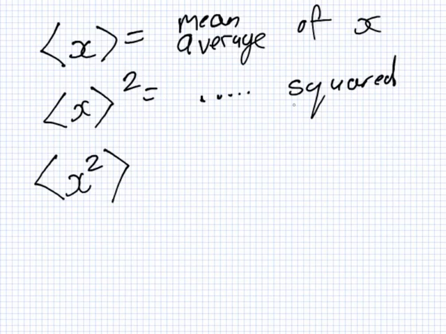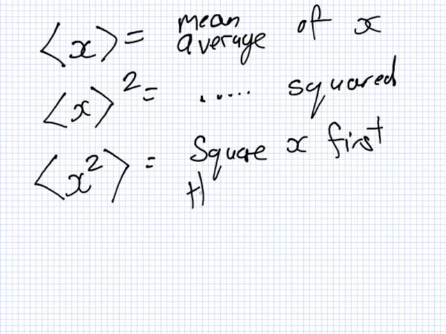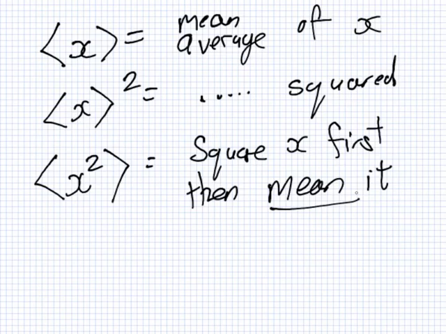So what you do is you square x first, then mean it. I just made a verb. I don't think mean is a verb. I just made it a verb, okay? So then mean it, average it.